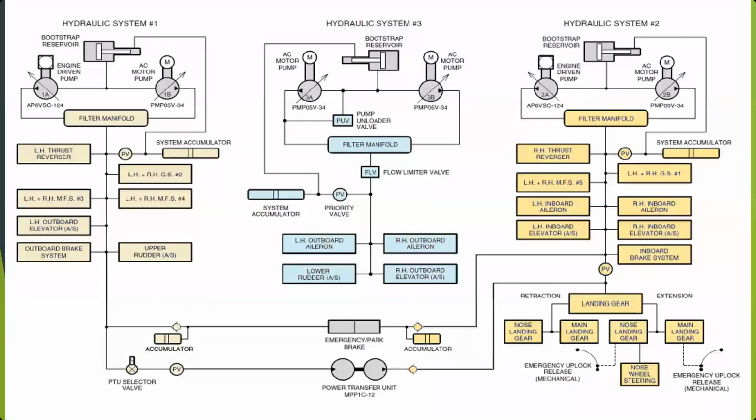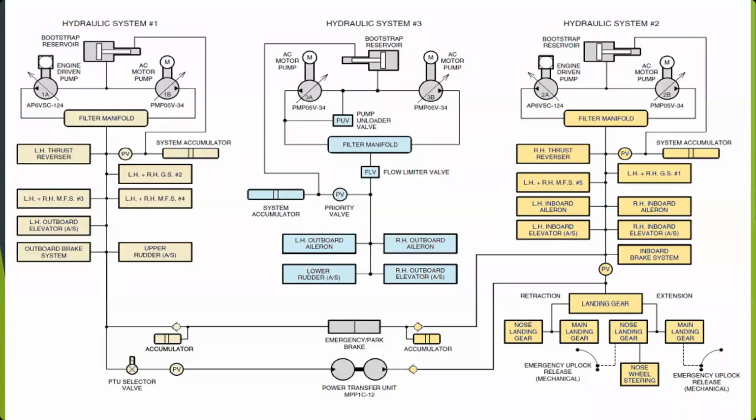The one thing this doesn't show is the return path. So this shows the reservoir and the pressure source going out to the various items. The assumption is that from your various users, which are all the rectangles across the middle, fluid returns back to the reservoir after activating the various devices.